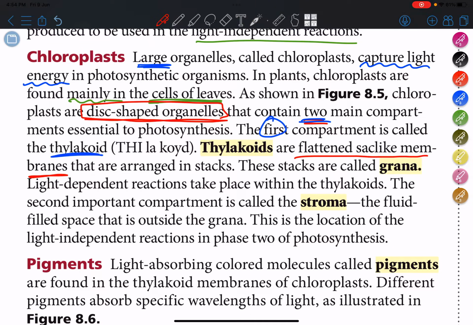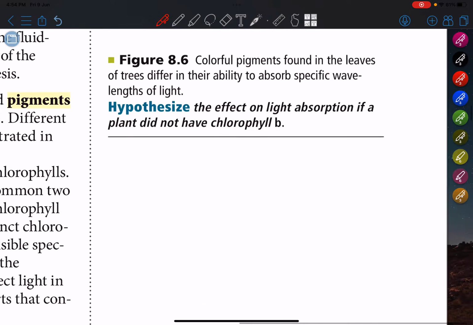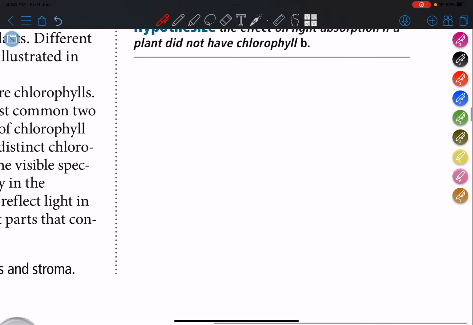It is very important to differentiate between the description of the components and the organelles. So, I'll write them down for you. I think that's better. So, chloroplast is disc-shaped.